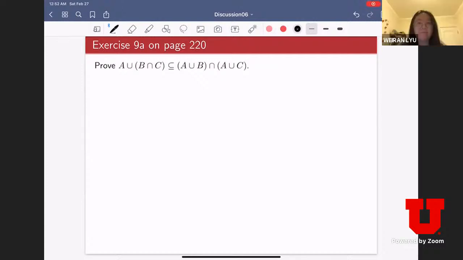Basically, I said, let there be an element X such that X is an element of A. And then let Y be an element such that Y is an element of B and C.